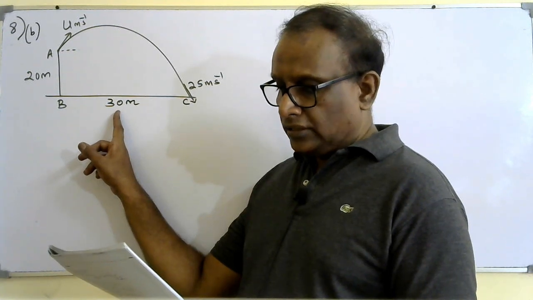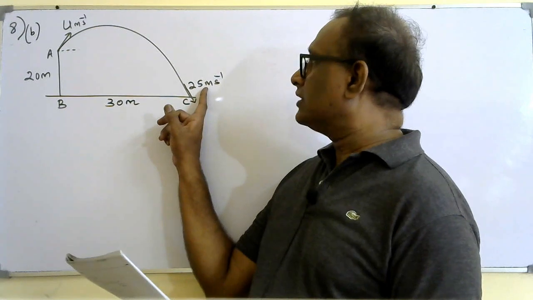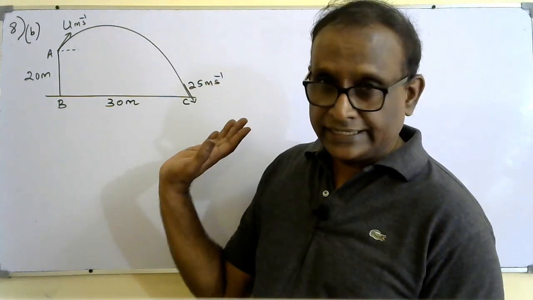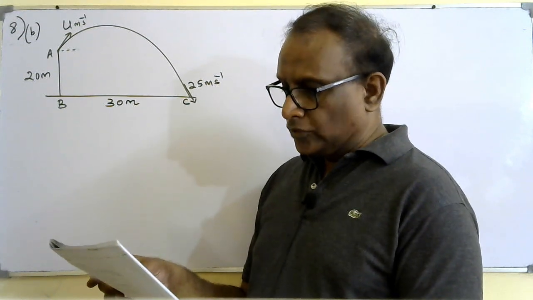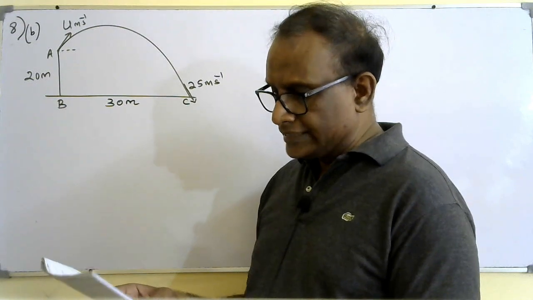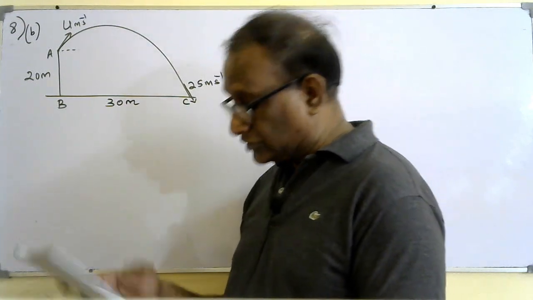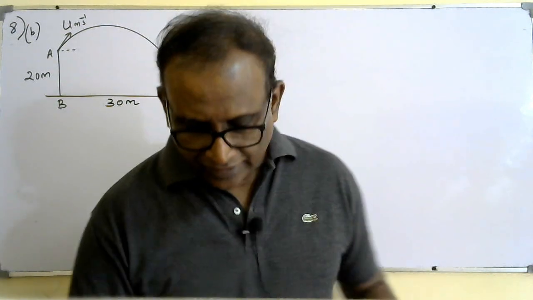The speed of the ball immediately before it hits the ground is 25. So it's just the actual speed, not the horizontal or vertical component. The motion of the ball is modeled as a particle moving freely under gravity. Use the principle of conservation of mechanical energy to find the value of u.